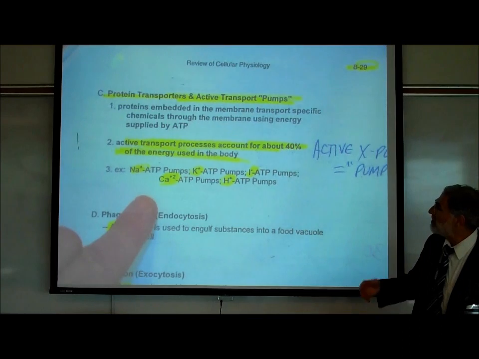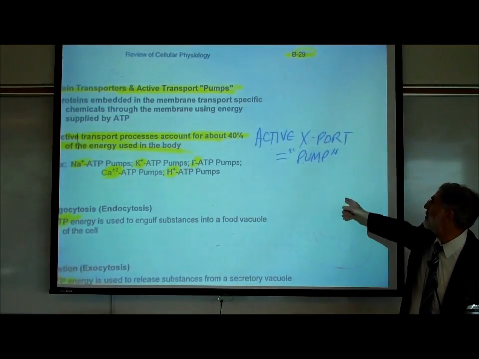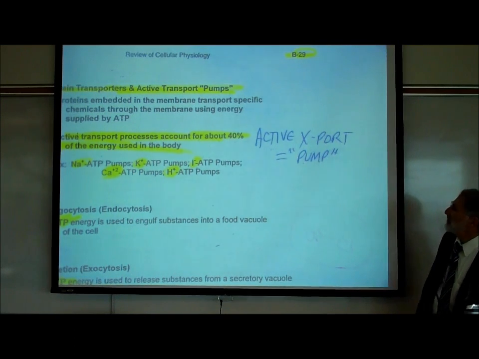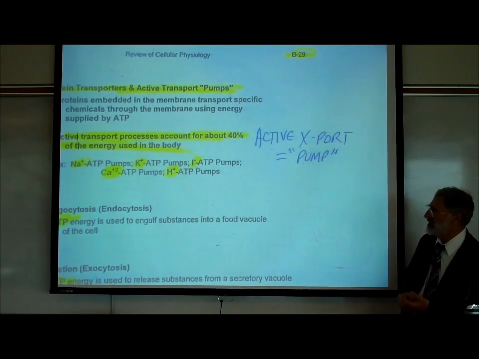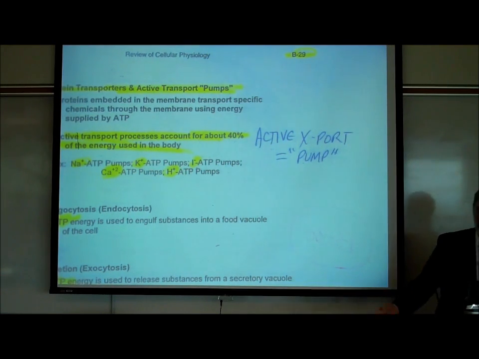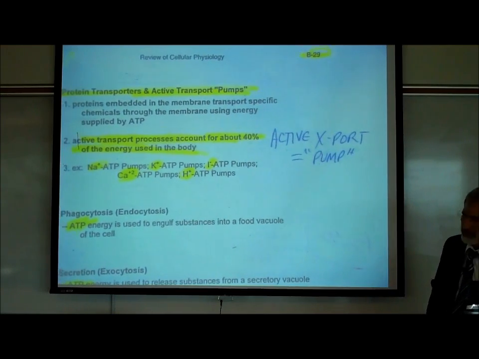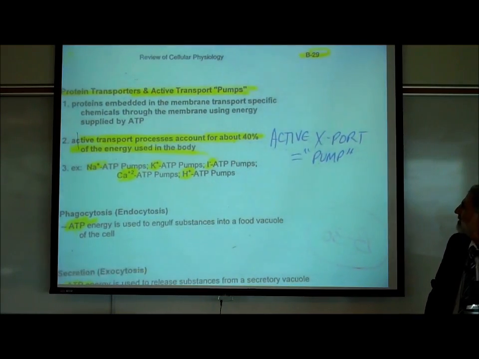These active transport proteins are also known as pumps. So another name for an active transport protein that's using energy to transport a chemical across a cell membrane is pumps.